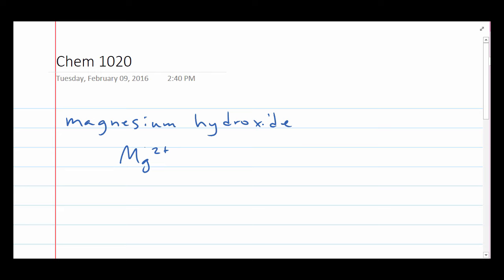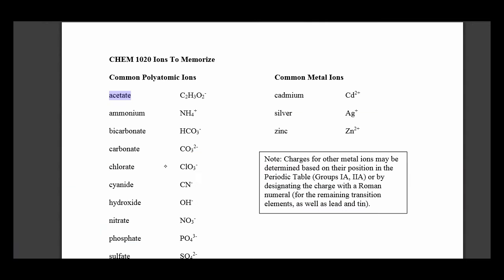Hydroxide, OH negative. And this, by the way, is the only polyatomic ion that contains oxygen that doesn't end with an ATE suffix. Every other polyatomic ion that has oxygen in it ends with the suffix of ATE or ITE. So again, this is the only one here on the to-memorize list that does not end with ATE, but it still includes oxygen.